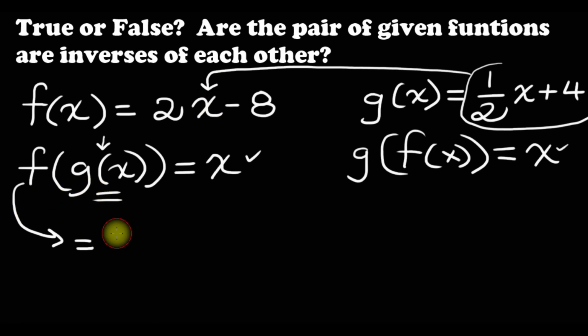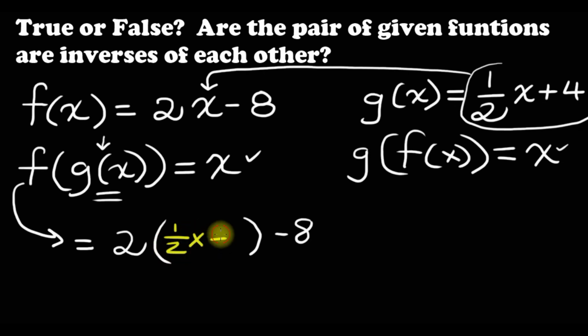So it's going to look like this, 2x, so we're going to plug something in for x, minus 8. So what is that something? Well, that something is going to be what g of x is, and that is going to be 1/2 x plus 4. Okay? You see how we took this and we plug it in here?